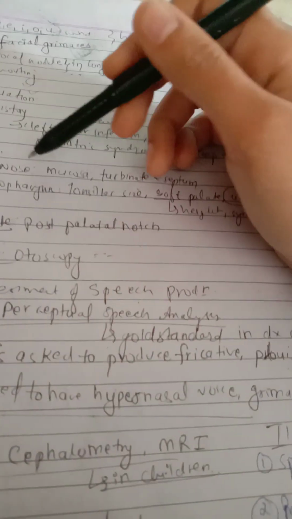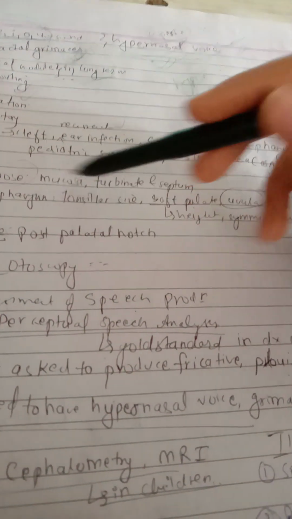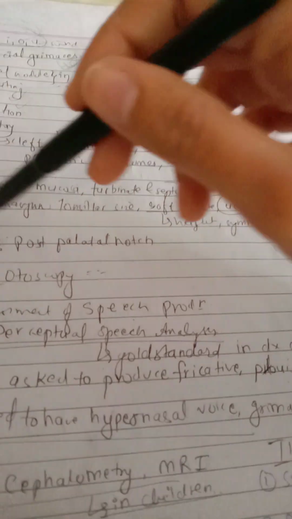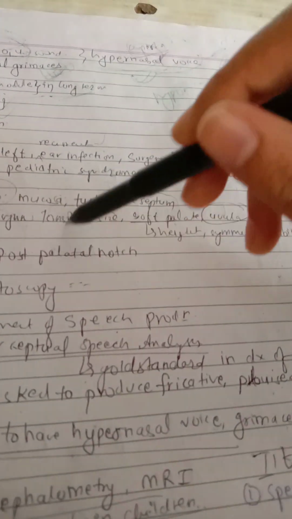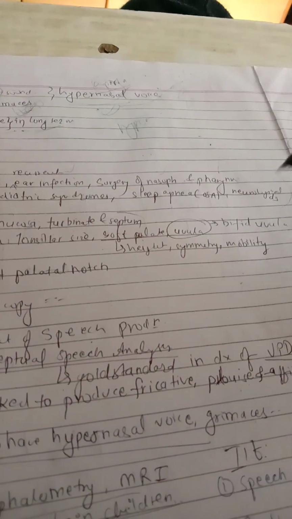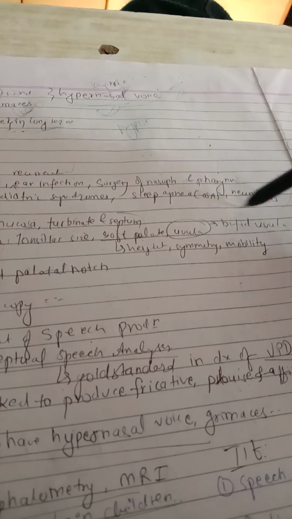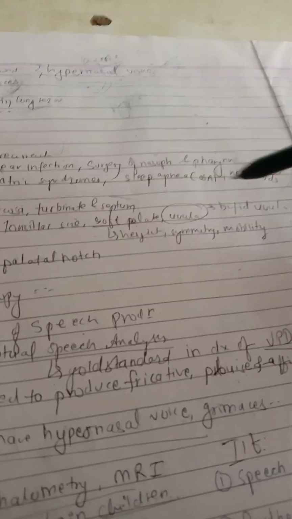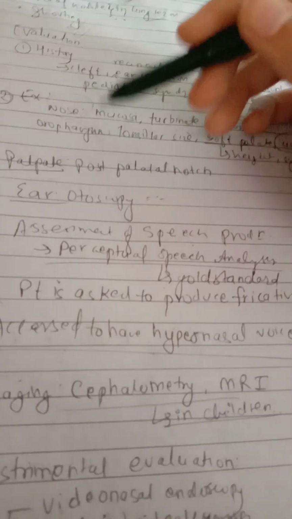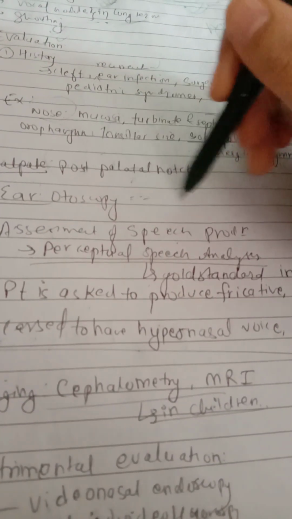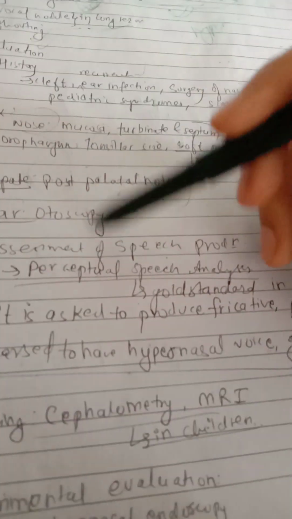Under examination, the nose, mucosa, turbinates, and septum should be examined. Then the oropharynx: the tonsils and their size, soft palate, and uvula. In the uvula we look for a bifid uvula. In the soft palate we look for height, symmetry and mobility. For palpation we do post palatal notch palpation, and otoscopy for the ear.